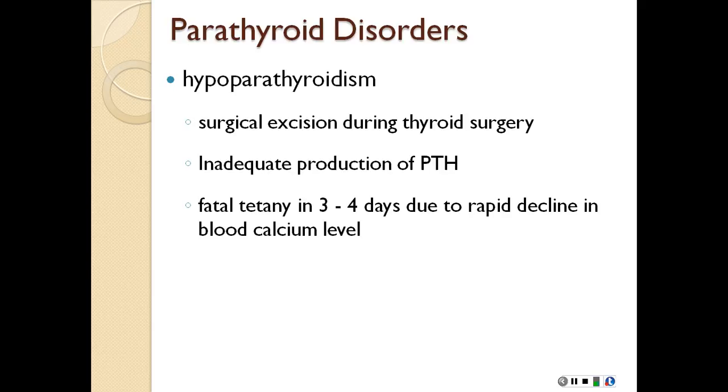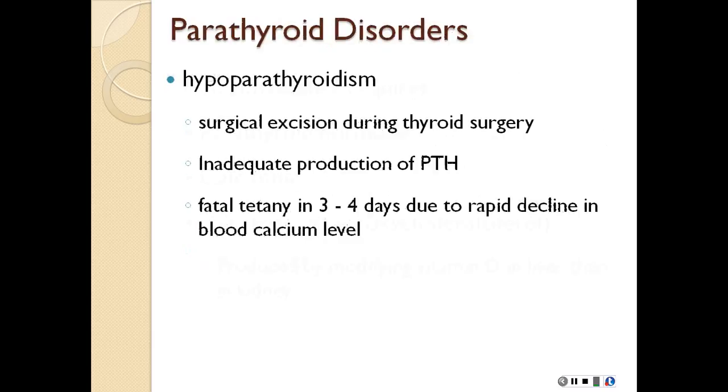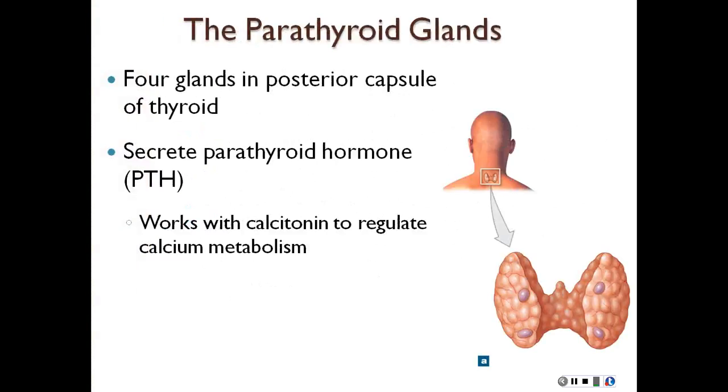So notice, find in your book the thyroid gland. See if you can find a picture of the thyroid gland. We may have it up here. So in your book on page 68, do you see the parathyroid?